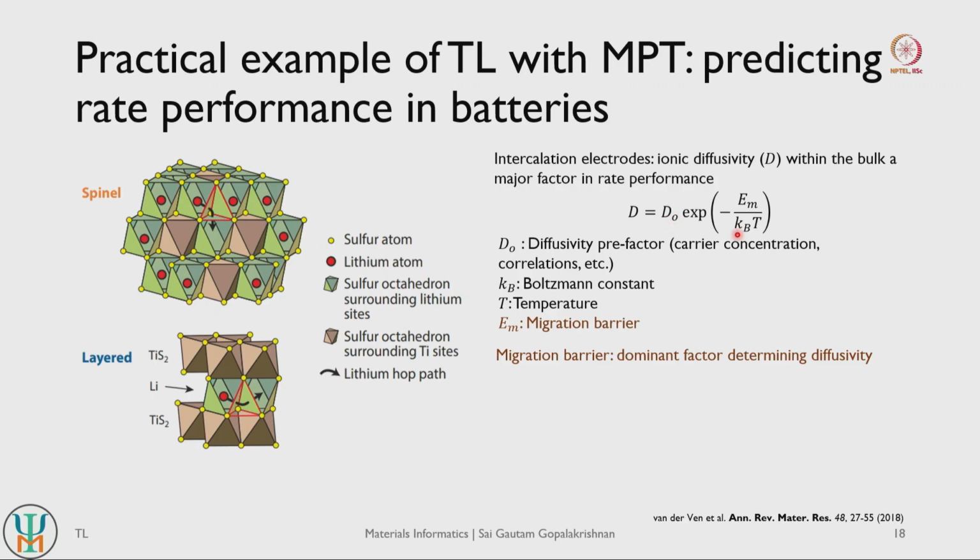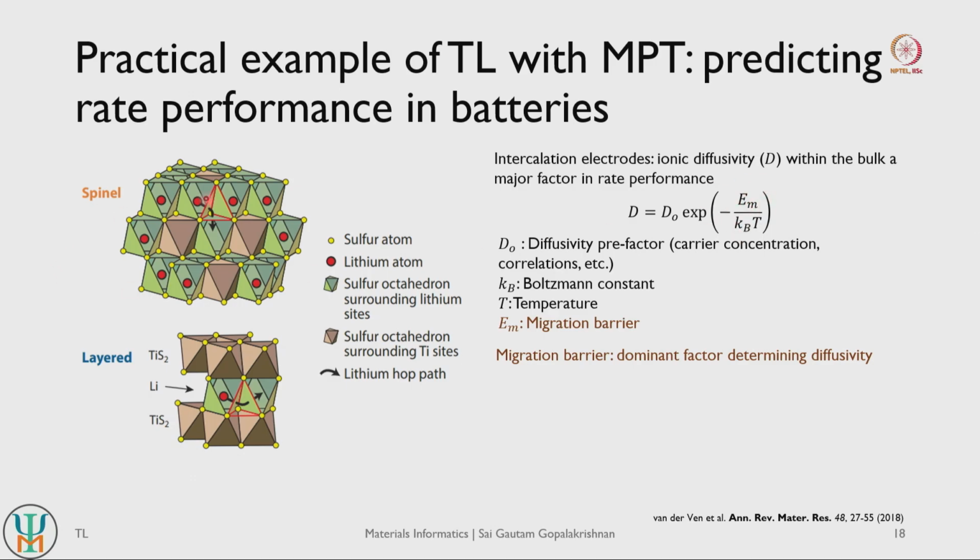You have a prefactor term, this is the Boltzmann constant, this is temperature, so this represents the thermal energy that is available, right. The prefactor takes into account other properties of your system, such as carrier concentrations, how many vacancies or interstitials you have for diffusion, how correlated your motion is, and so on. The prefactor is non-negligible, it is important, but it is not the most dominant factor. The most dominant factor, since it sits within this exponent, is your migration barrier or migration energy.